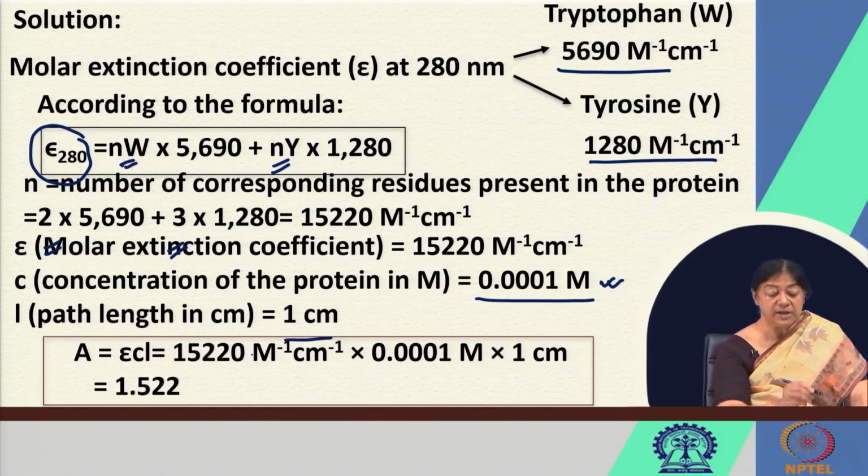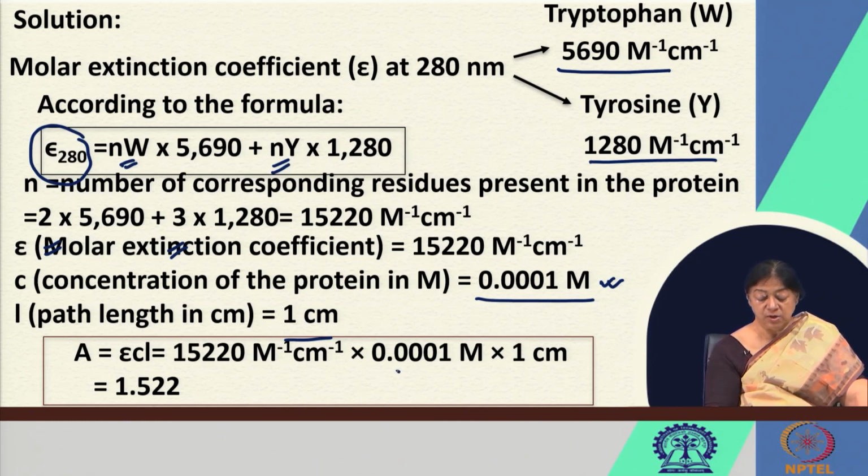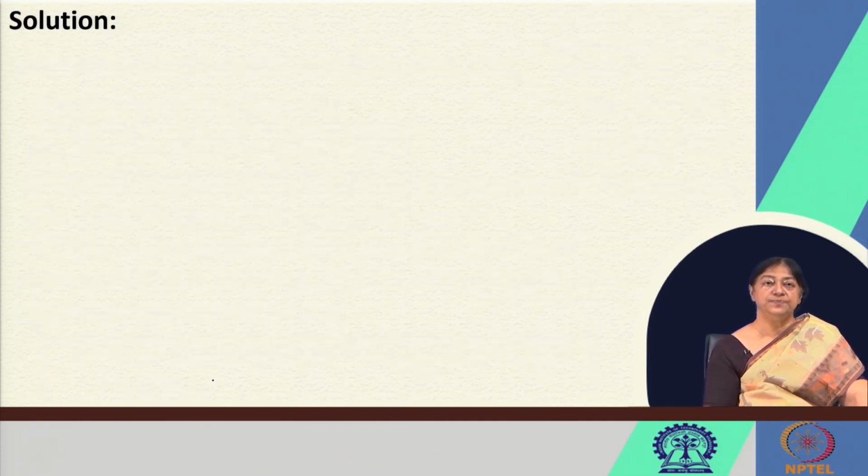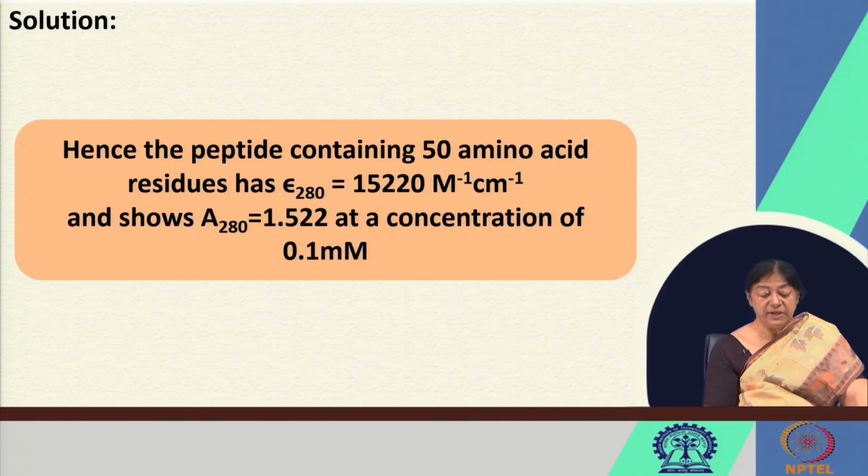We got this from an understanding of the tryptophan and tyrosine, the concentration, and the path length, giving us an absorbance value. So, the peptide containing 50 amino acid residues has an extinction coefficient of 15,220 per molar per centimeter and an absorbance value of 1.522.